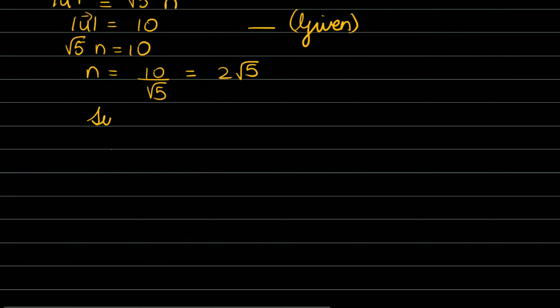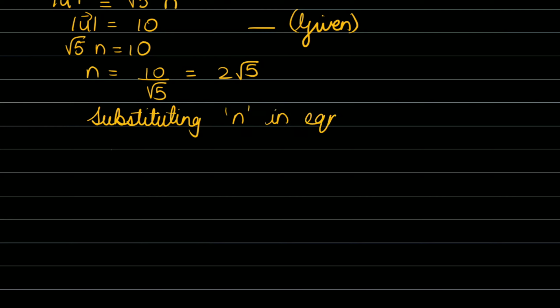All right, substituting the value for n in equation star. So what do we get? U vector equals 2 root 5 i cap minus 2 into 2 root 5 j cap.